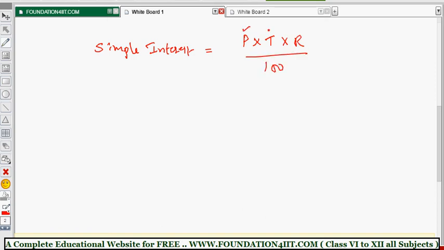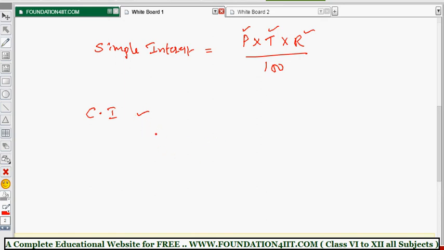P is the principal, T is the time, and R is the rate of interest. By using this, we already learned about simple interest and read problems also. And when you come to compound interest, we will first explain a few problems without the formula, then by using the formula. So how to use the formulas of compound interest will also continue in this chapter.